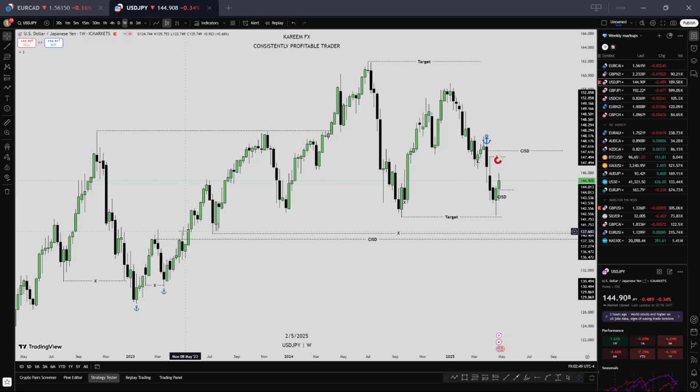Price formed another block, formed liquidity over here, came back, took it out, tapped the other block, pushed higher, cool. So price formed a new one, formed liquidity here, came back, took it out, tapped into the other block, pushed higher, and caused a break of structure.